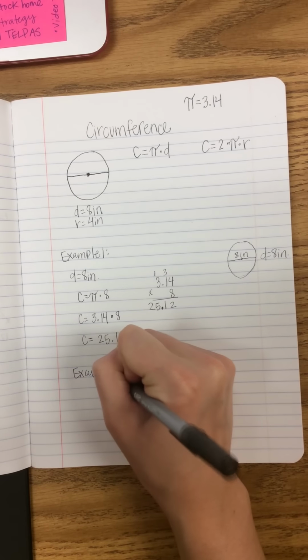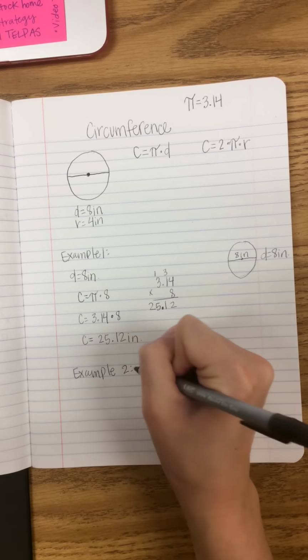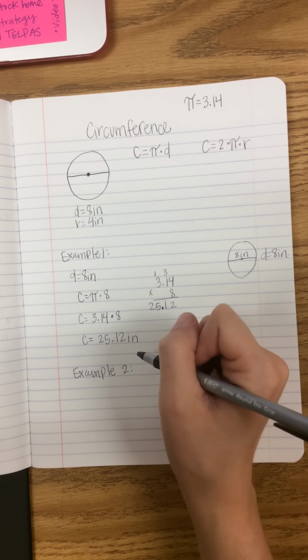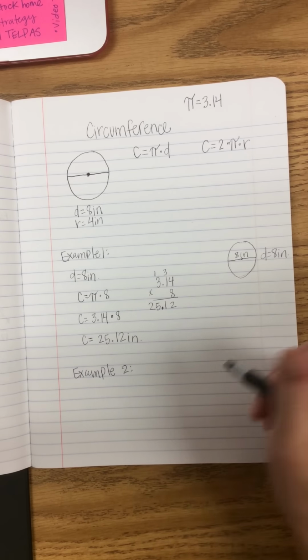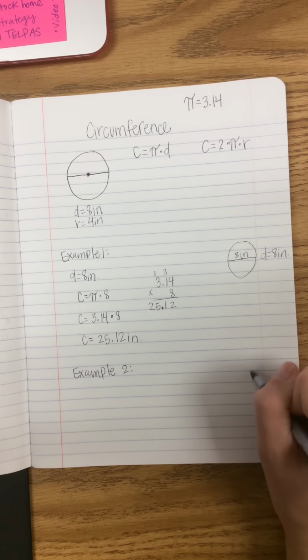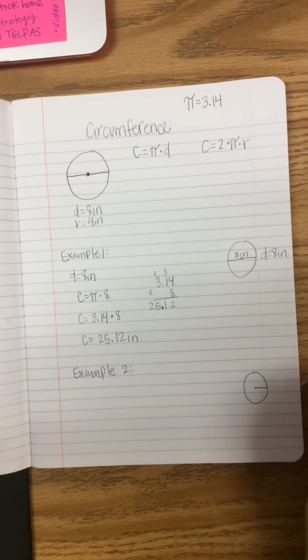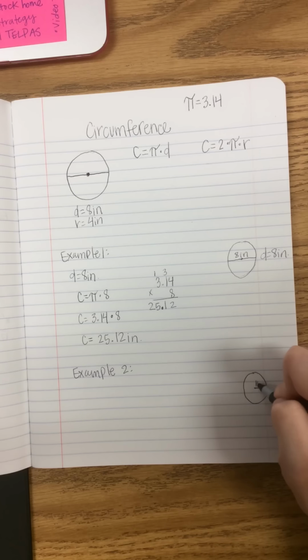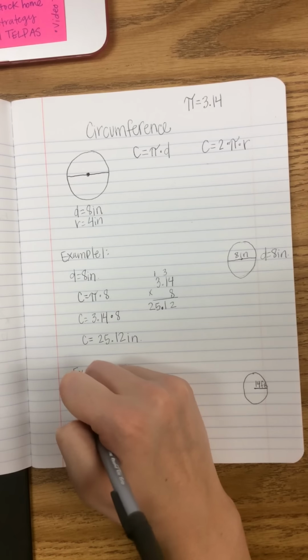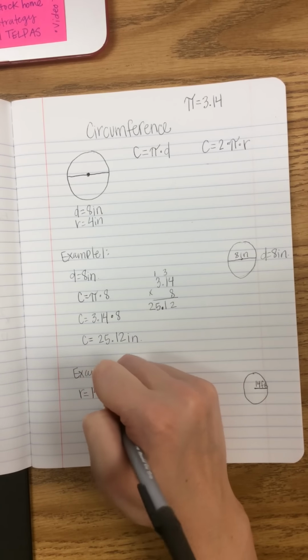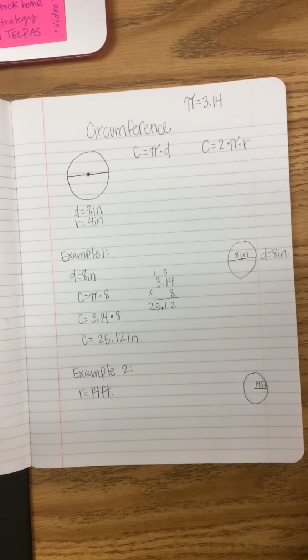Example 2. So now we're going to be using a radius. Okay? So here is our next circle, and it has a radius of 14 feet. So let's go ahead and write that. Radius is 14 feet. We've identified our radius.